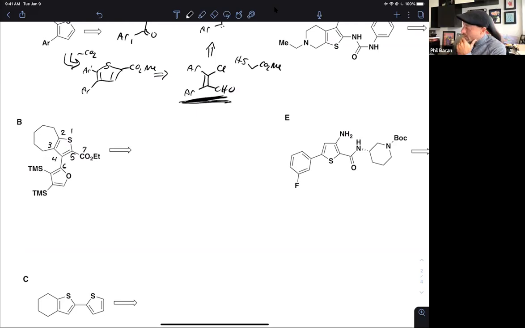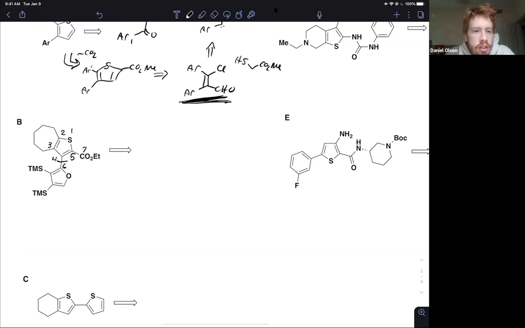As a medicinal chemist, what bond do you think you'd want to break first? Just get rid of something. Maybe the 4 and 6. Lovely.